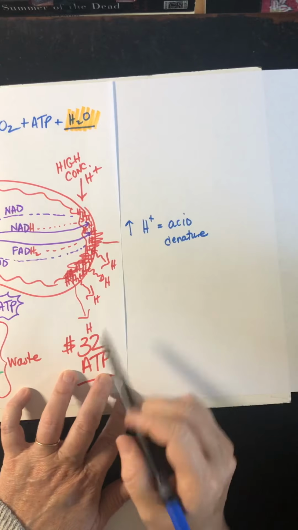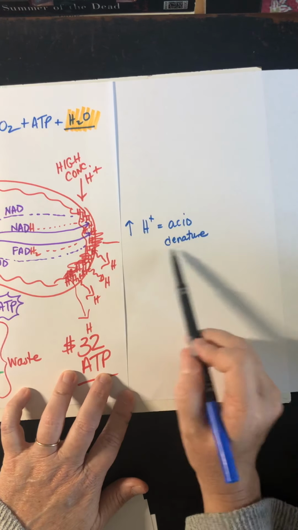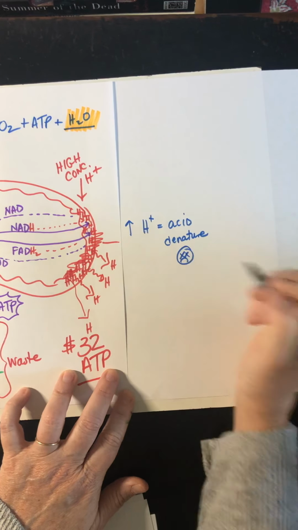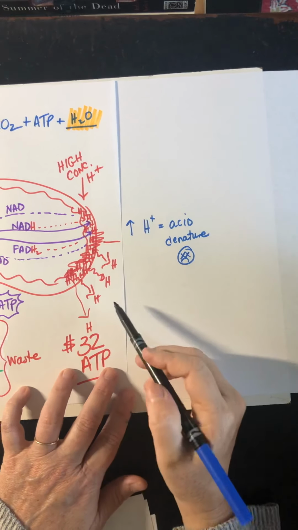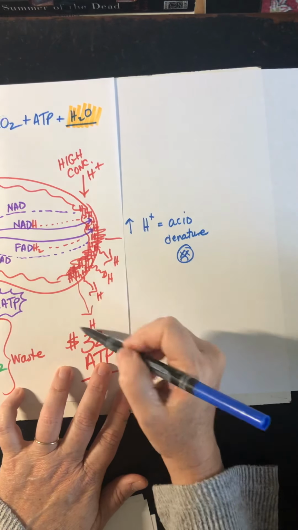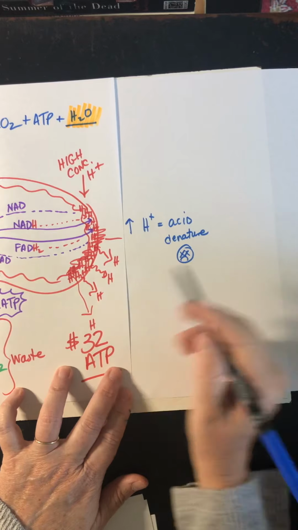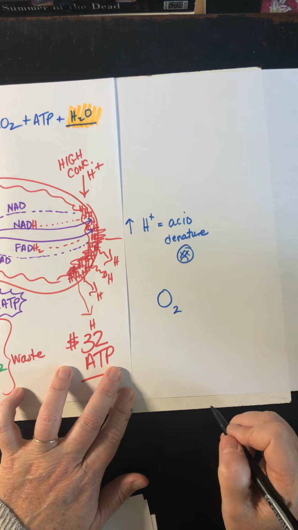So if you have a high level of acid building up inside your cell, you're going to denature a lot of your enzymes, and then that's not going to be good. You're going to die, the cell could die, a lot of things could happen. So something has to neutralize or deal with this high level of hydrogen buildup. And this is, ladies and gentlemen, why you breathe in oxygen, okay?